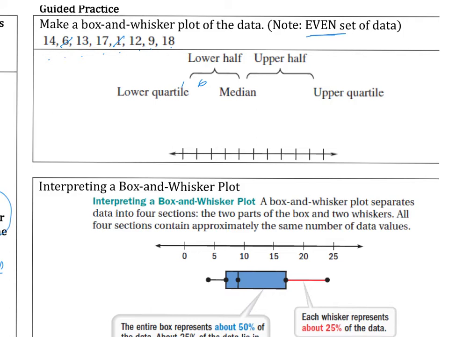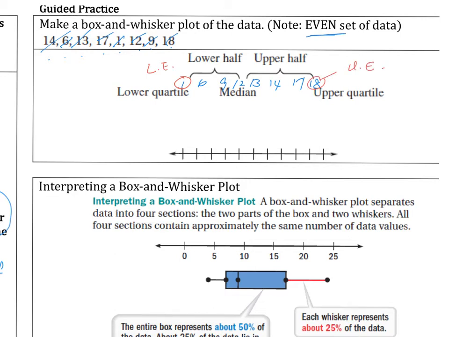And then 9. And then 12. See, I'm canceling these out as I go. And then we have 13, 14, 17, 18. Okay, now this is in order. Now, this is my lower extreme, and this is my upper extreme.